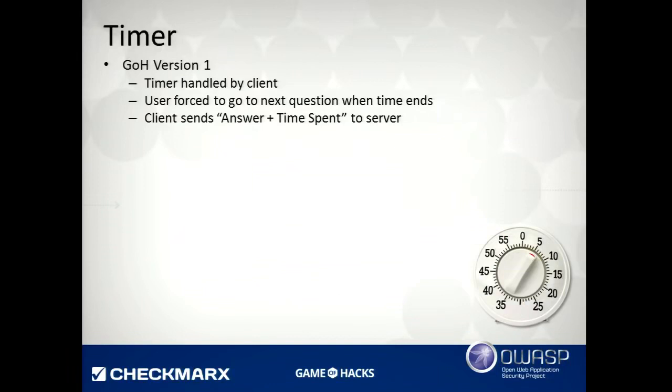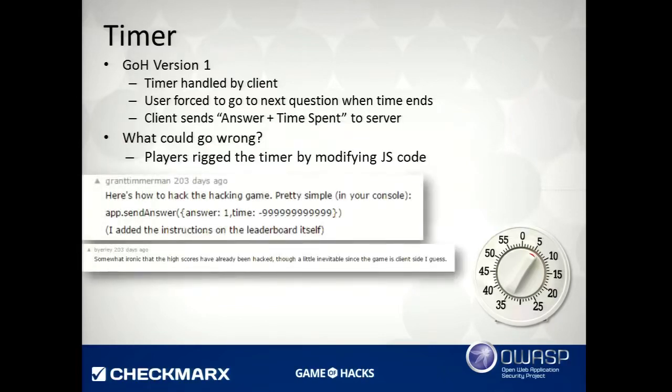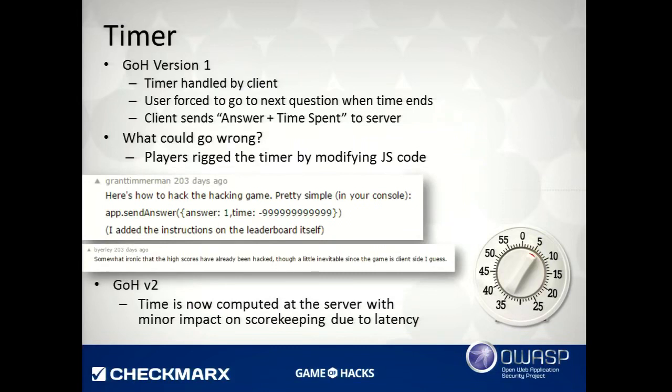The second honeypot was a timer. Most of you correctly guessed that the score formula was hacked because the timer could be manipulated by just modifying JavaScript on the client. Somebody posted a very helpful recipe for doing just that very quickly. And of course, the solution is to calculate the score on the server.